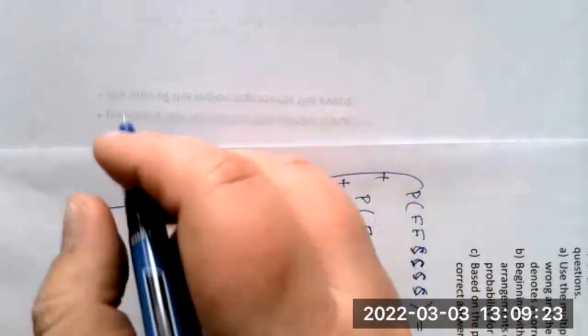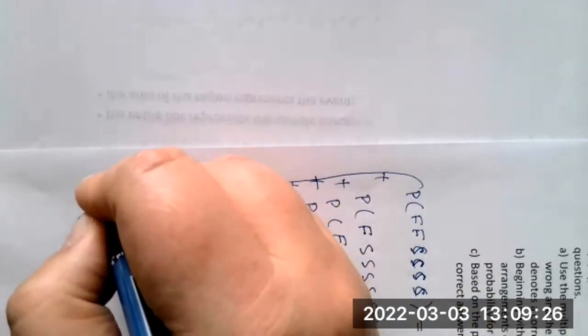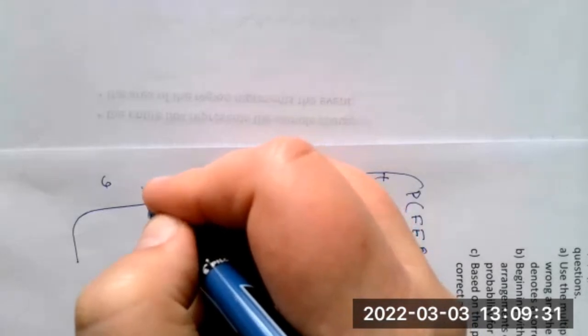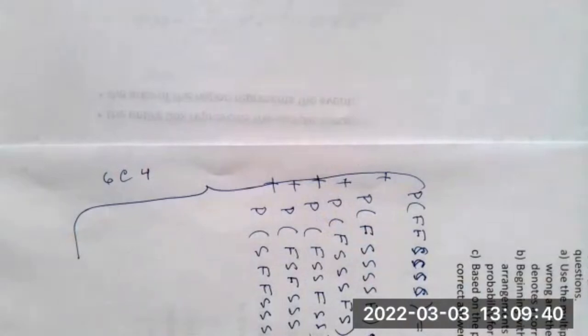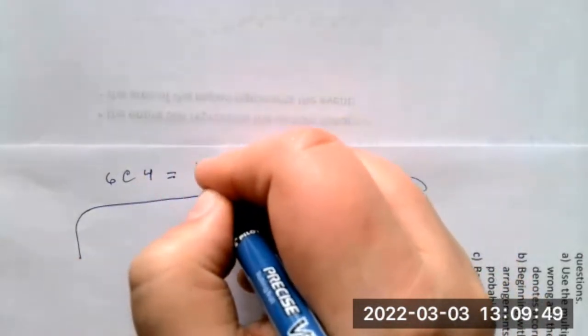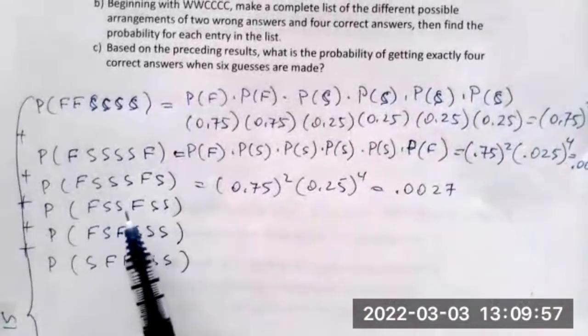And same goes for S's, successes. Okay, so we have our nCr formula. So n is 6. We have 6 guesses. And then r, how many successes do we want? We want 4. So our formula is gonna look like this. It's gonna be 6 C 4. And when we enter that into calculator, we're gonna get 15. So there are 15 different ways to have 2 failures and 4 successes.